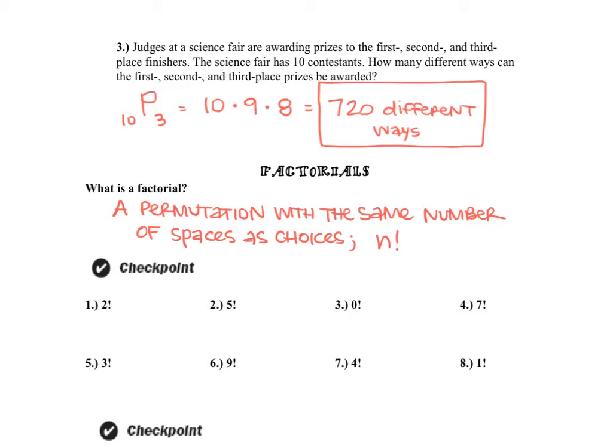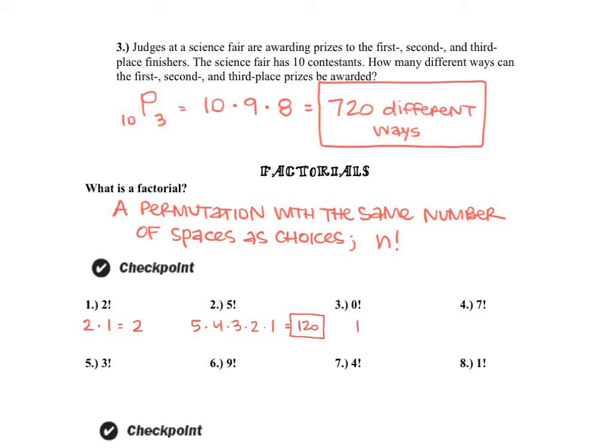Let me do a couple examples for you. 2 factorial would be 2 times 1, which is 2. 5 factorial would be 5 times 4 times 3 times 2 times 1, which is 120. Now, 0 factorial is kind of one of the weird ones. We would like to think that 0 factorial is 0.